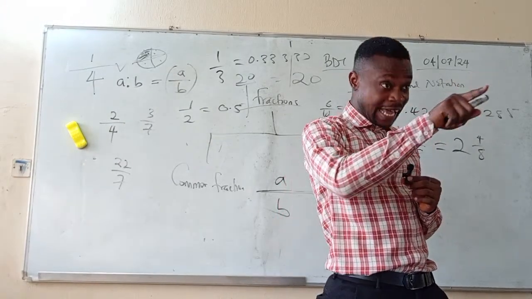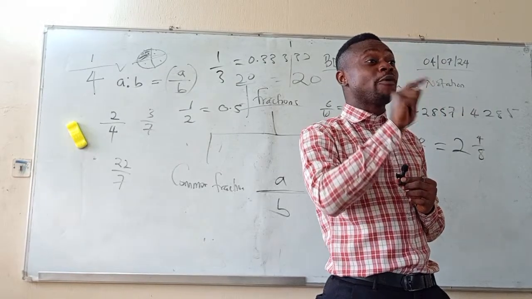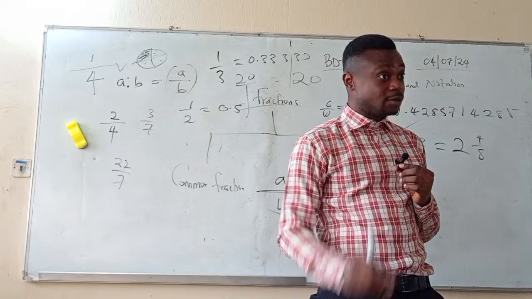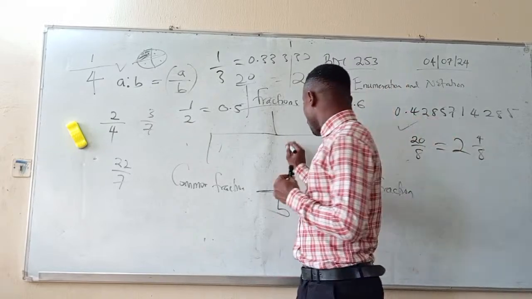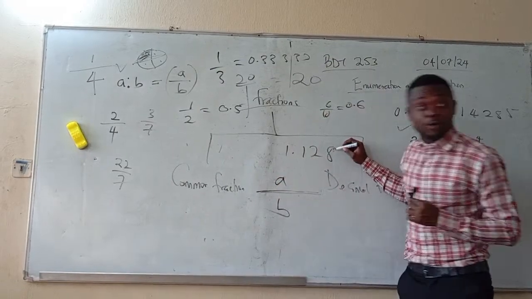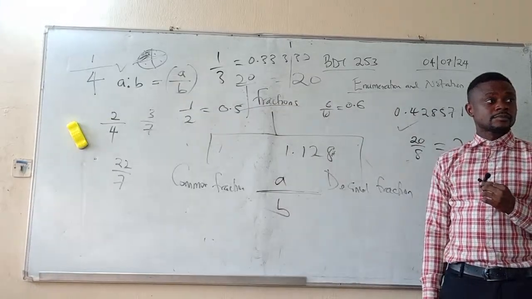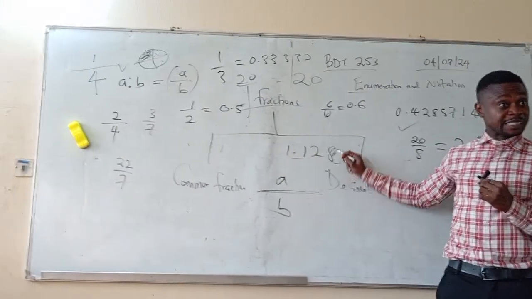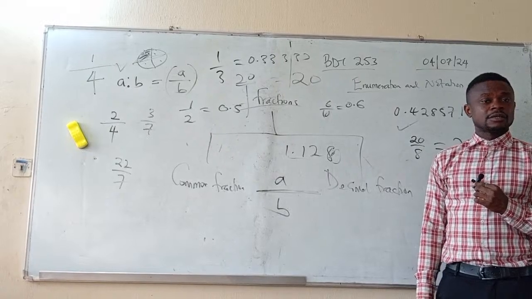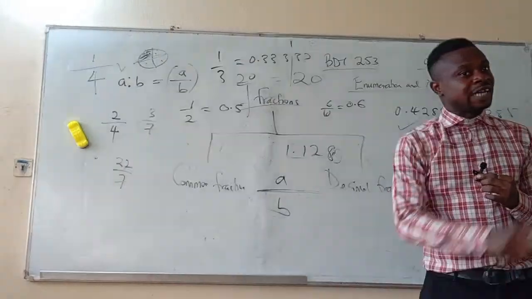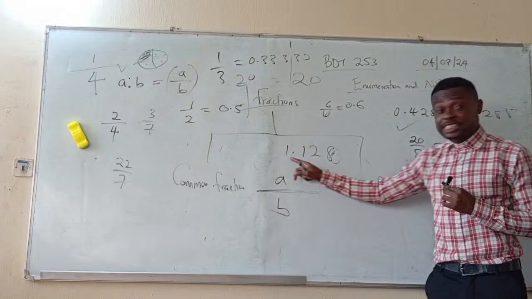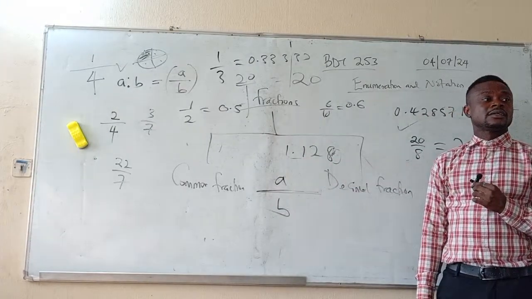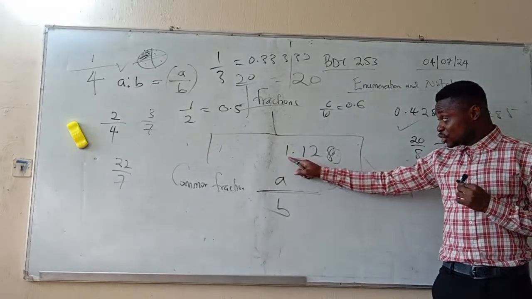Wait, I ask a question. Is there a number like 1.128 without being an approximation? It's a question. I didn't say there is none. Does 1.128 stop here, or was it approximated to this? I'm just giving the example of a number that ends.